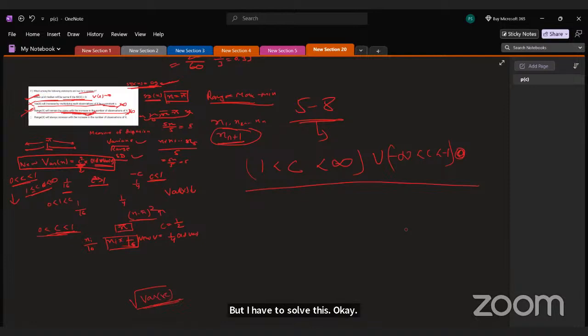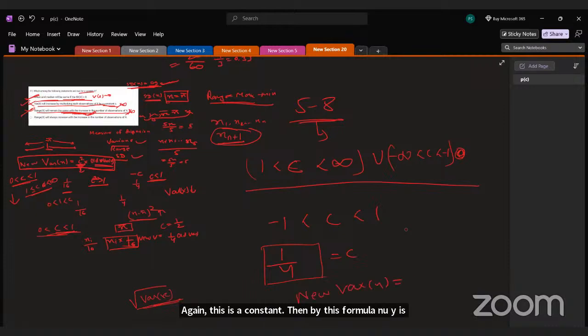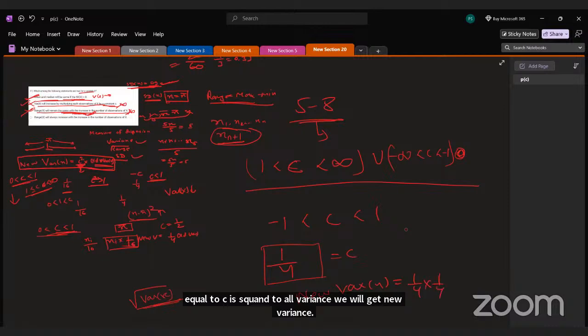Somebody asks that the B option should be correct. Yes, sir. If C lies between 1 to infinity union -infinity to -1, then it will increase. But let's take a C between -1 to 1. Let's take C as 1/4. Again, this is a constant. Then by this formula, new variance equals C square into old variance, so new variance equals 1/4 square into old variance.